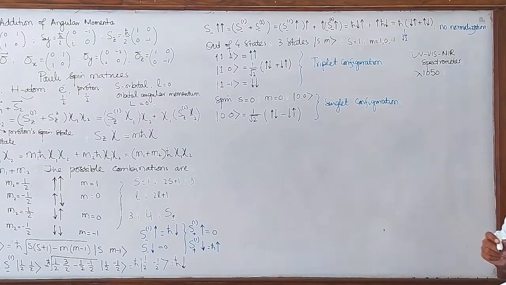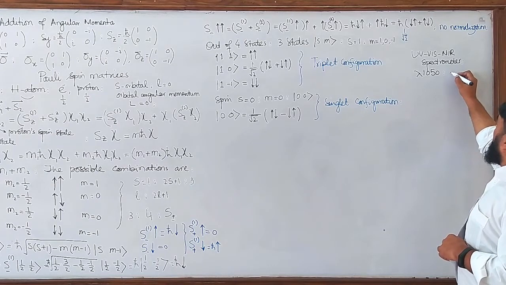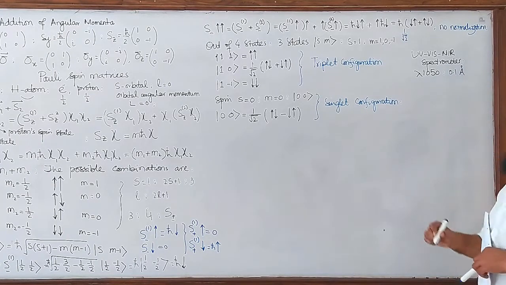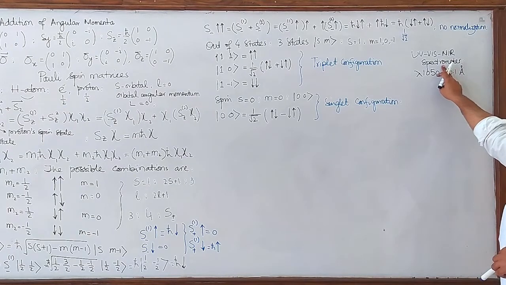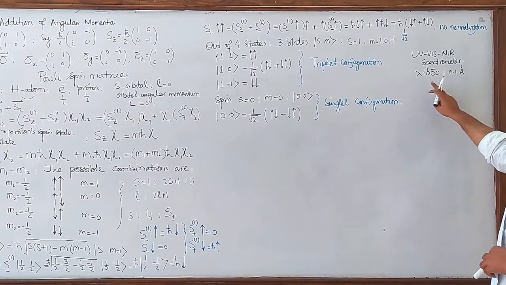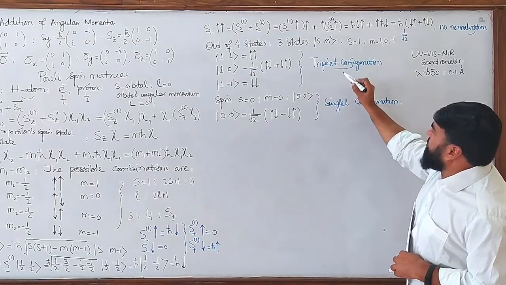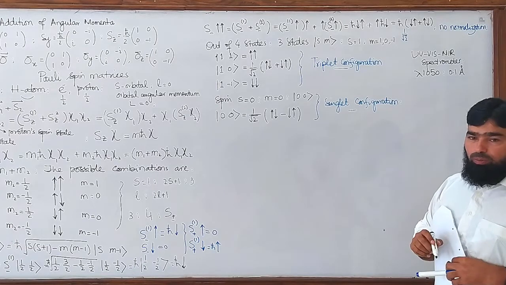It has a resolution of 0.1 angstrom. 0.1 angstrom is the resolution of this spectrometer. And with this, we can see a triplet configuration of an atom or a singlet configuration of an atom.